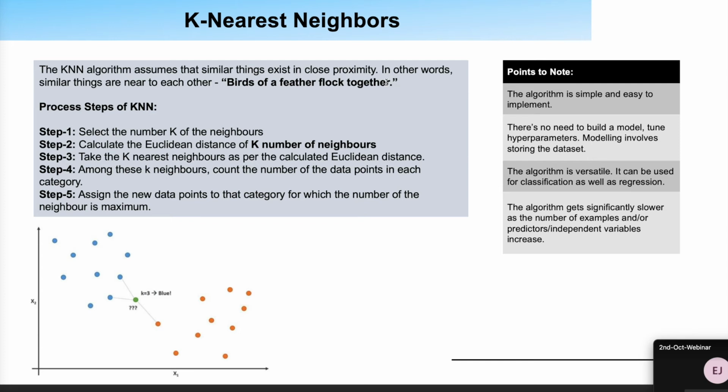So for this new data point, it finds out its distances, and in the case of a two-dimensional surface or any dimensional surface, it's Euclidean distance.